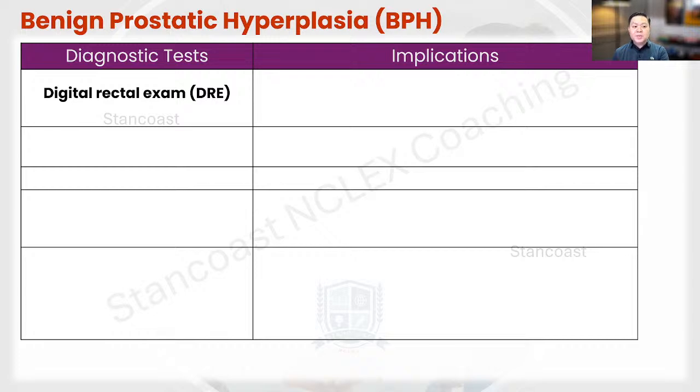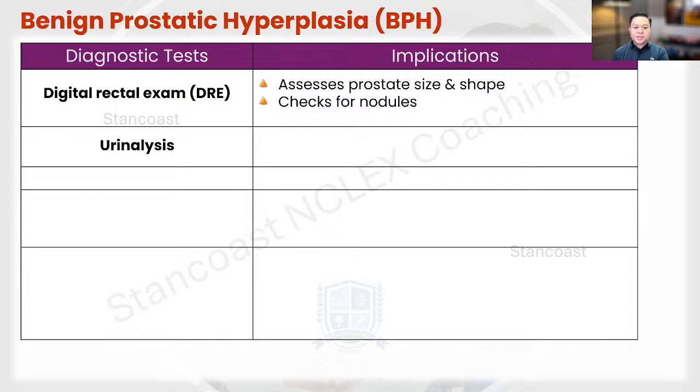Although BPH is not equivalent to malignancy, with the enlargement, some of these cases probably will be malignant. Now, as far as laboratory studies, we have the simplest lab study, which is the urinalysis.